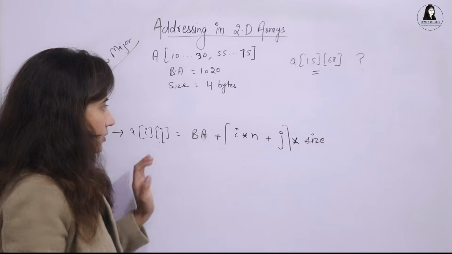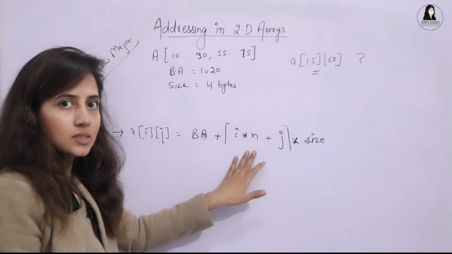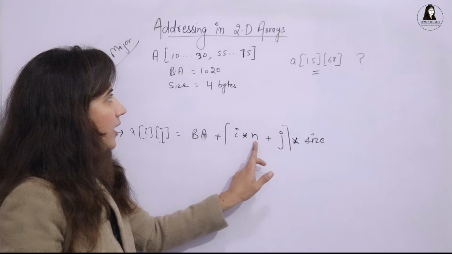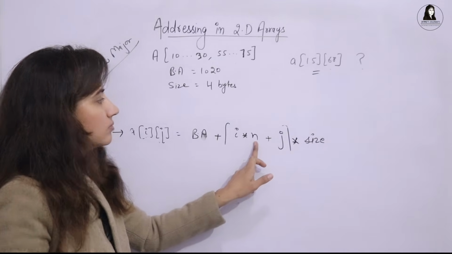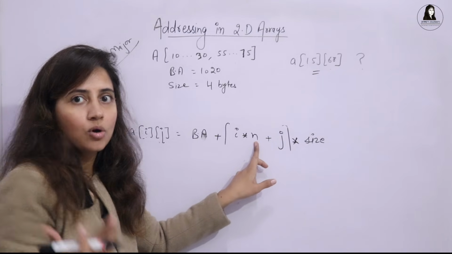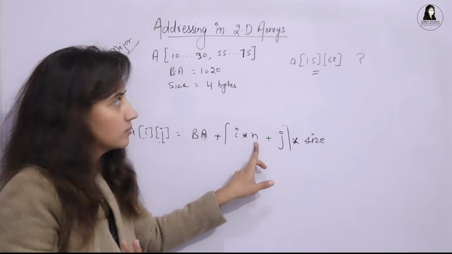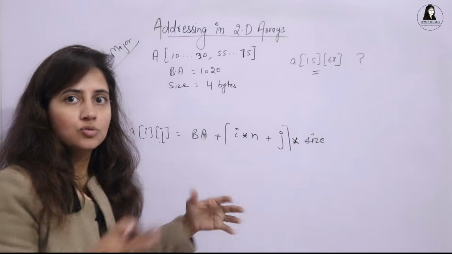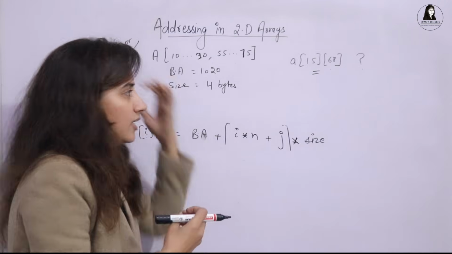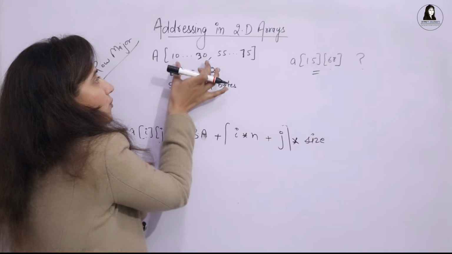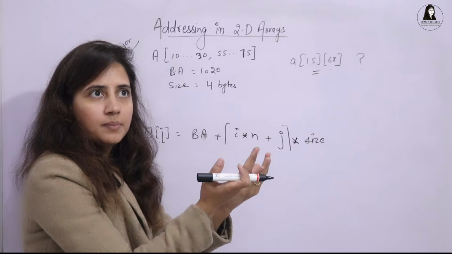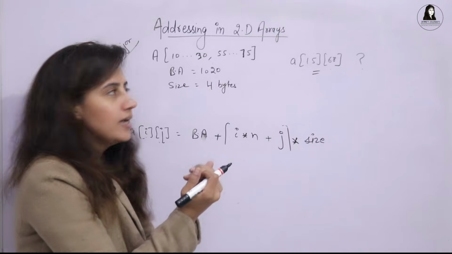What will you do? You simply put here something like this. Base address is this. I is 15, n is the number of columns. How to calculate? Then size is given 4. So here the formula is something different. Here the lower limit for row is given 10 and upper limit 30, meaning you can say the index, right?